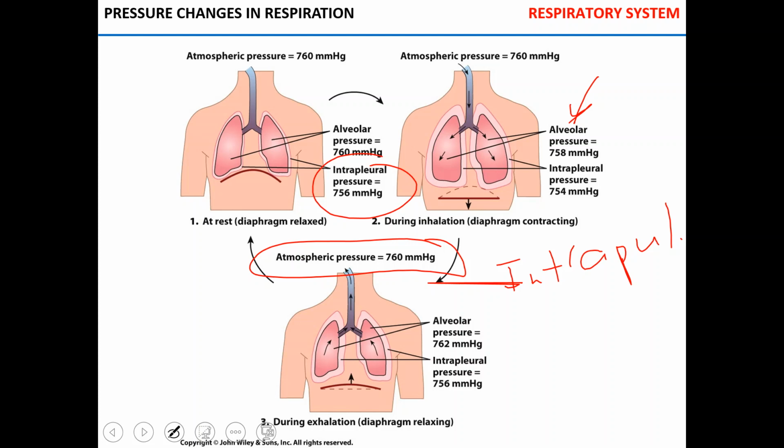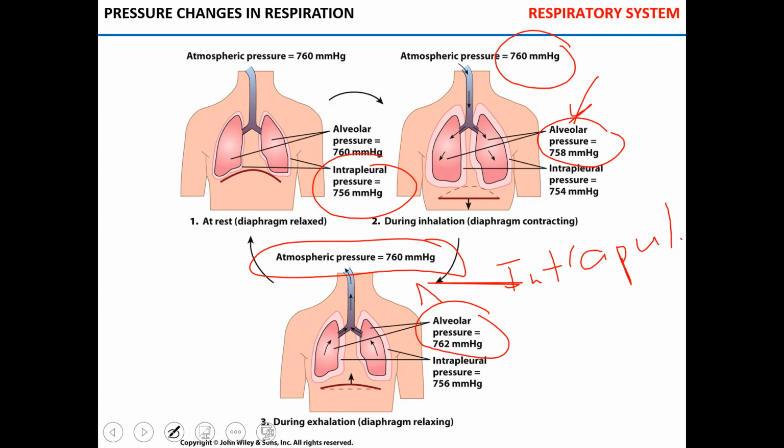So when you inspire, the pressure in your lungs, your alveolar pressure, becomes lower than atmospheric pressure, and the air rushes into your lungs. When you expire, your alveolar or intrapulmonary pressure will become higher than atmospheric, and that will force the air out of your lungs.